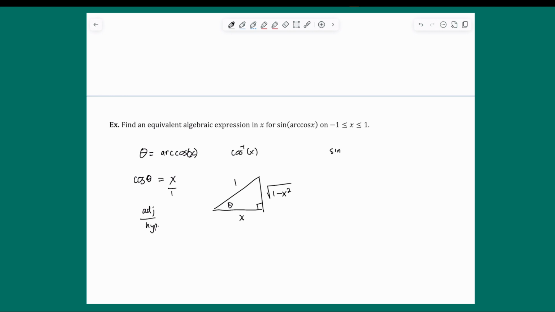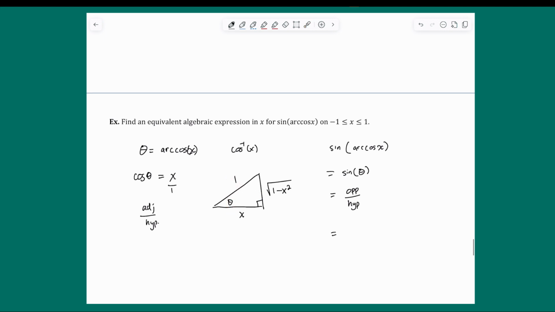Okay, so this helps us now, since we have the sides of this right triangle, to find an algebraic expression for sine of arc cosine of x. So that's the same thing as saying sine of that angle that we defined as theta. And using the right triangle, we know sine of theta is opposite over hypotenuse. So opposite of this angle is that side, and of course hypotenuse is that.